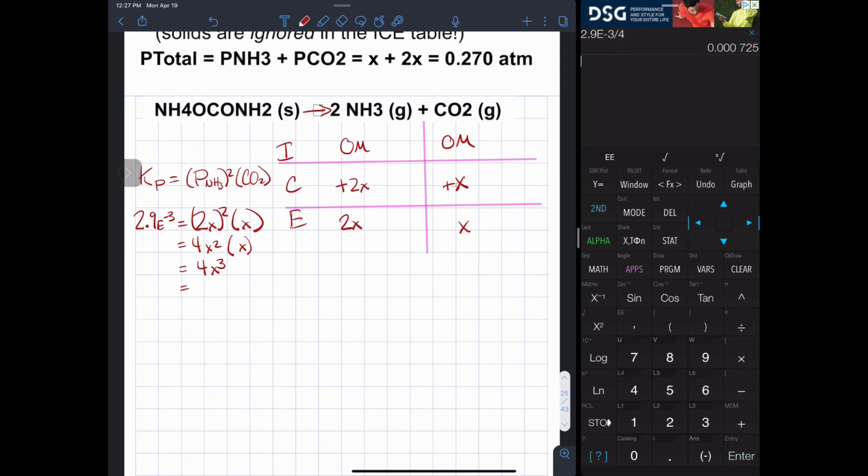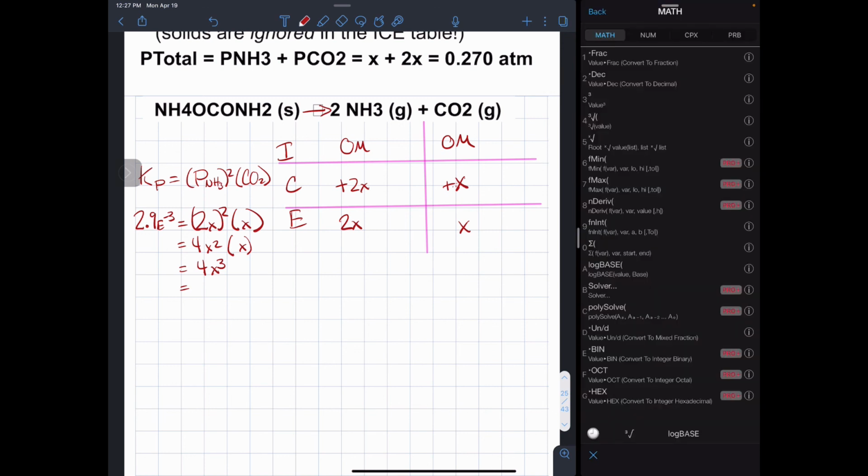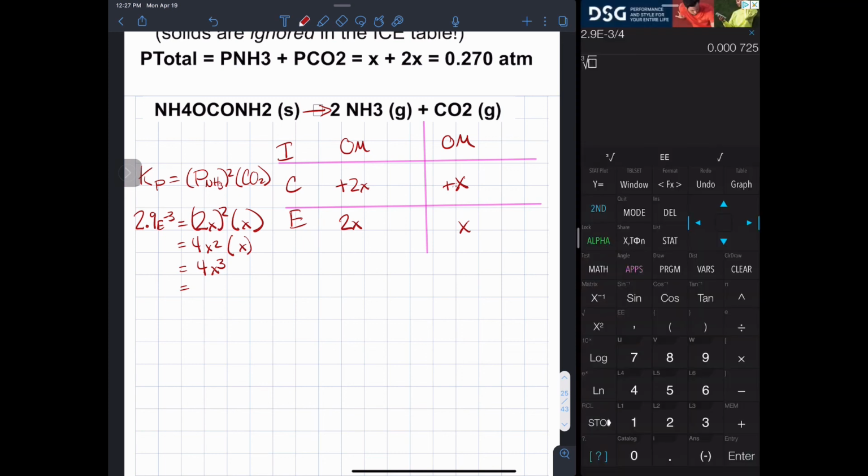And then we need to take the cube root of this number. So the cube root, I think, is in the math portion of your calculator. You push the math button and then find the cube root, which is item number 4, and go ahead and put the number in, and we get that cube root. So x is actually 0.089.